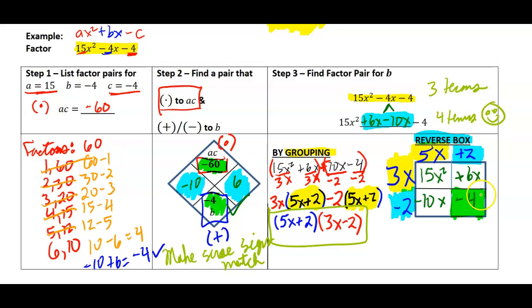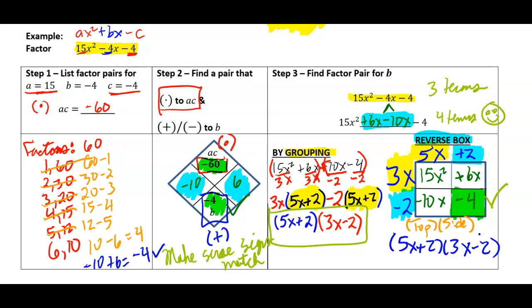So that is correct. So what are my factors on this? It's what you wrote on the top multiplied by what you wrote on the side. And do not forget your parentheses. So my factors are 5x plus 2 and 3x minus 2.